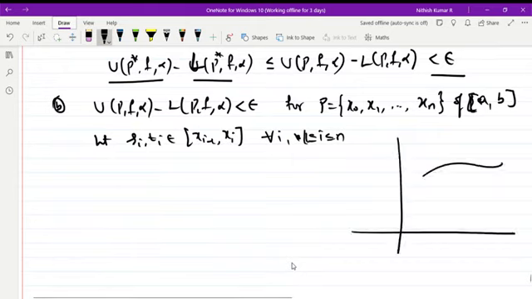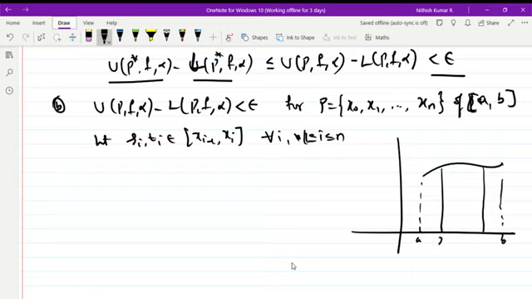See, if I have this and I have some partition, say this is a and this is b. So this is xi minus 1 and this is xi. So si and ti are the 2 points, say this is si, say this is ti, in between xi minus 1 and xi.